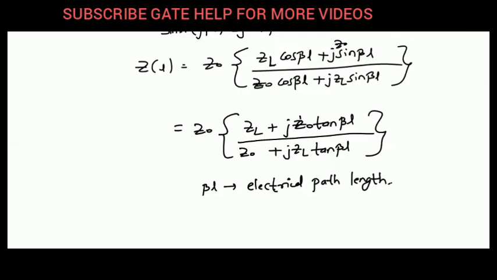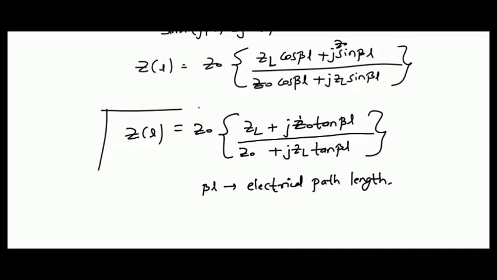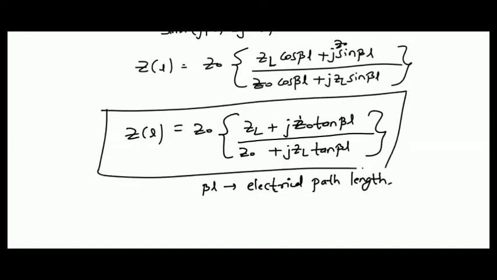This is very important now. This is nothing but the impedance transformation relation for a lossless transmission line. In many books you will find this called the input impedance. Obviously you can find the impedance at any distance now.